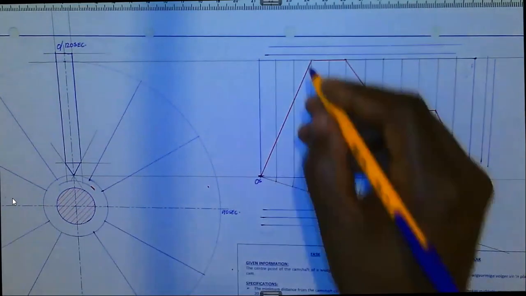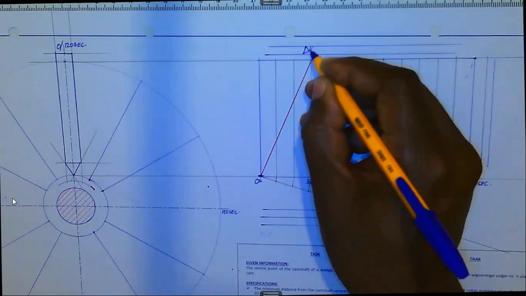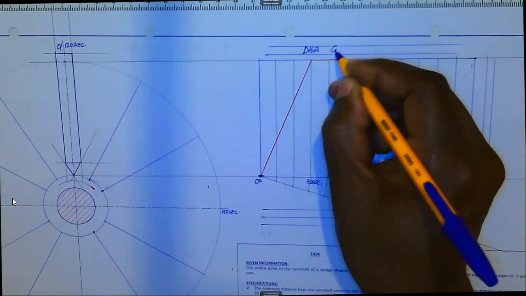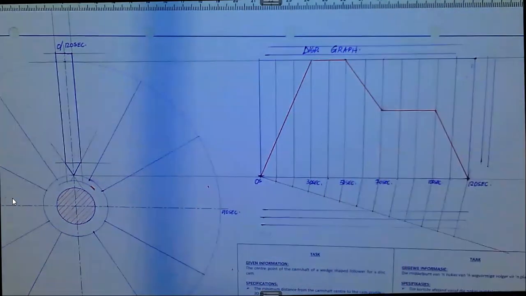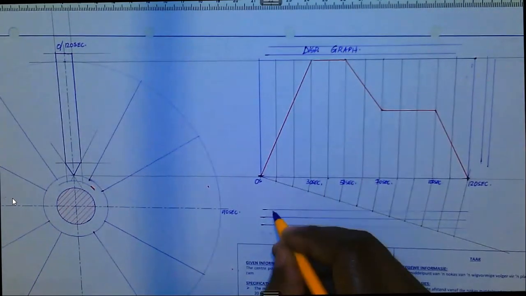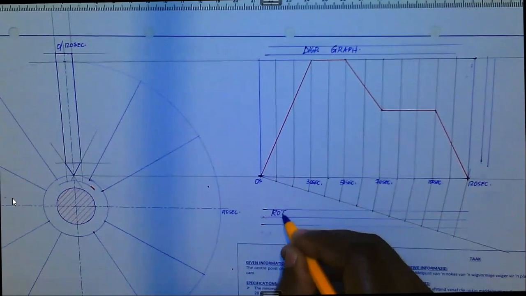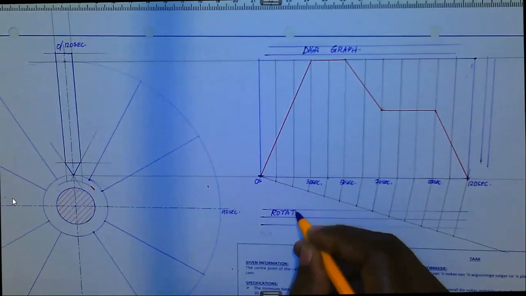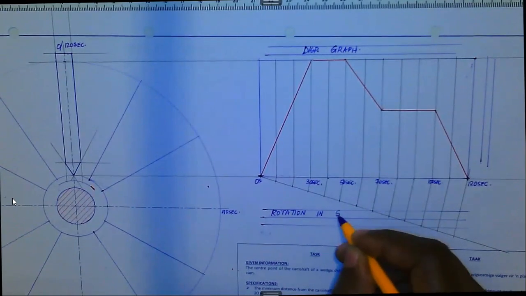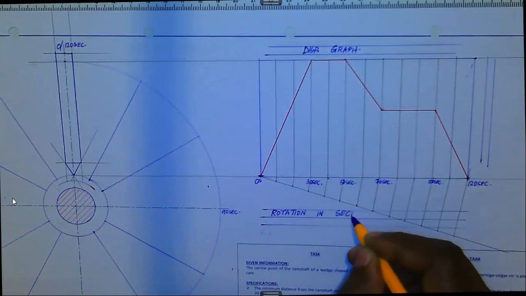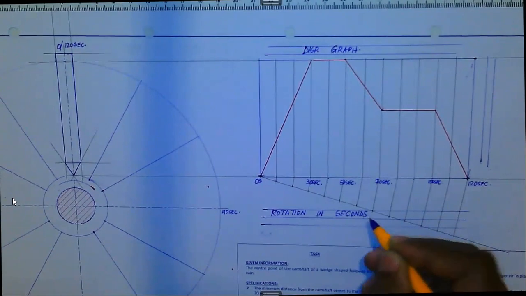Then you write nicely displacement graph like that. Then you write rotation in seconds. That is for 2 minutes, which is 120.